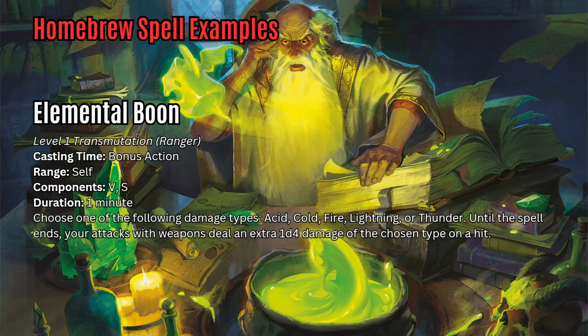This spell makes you choose one of the following damage types: acid, cold, fire, lightning, or thunder. Until the spell ends, your attacks with weapons deal an extra 1d4 damage of the chosen type on a hit. This spell is identical in design to the Divine Favor spell that paladins get as a level 1 spell.